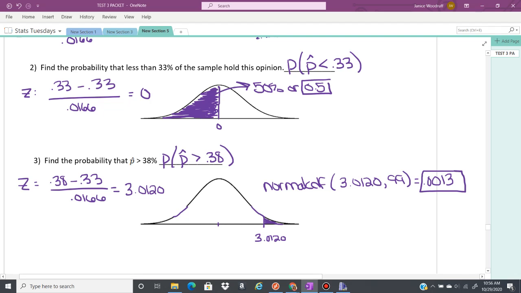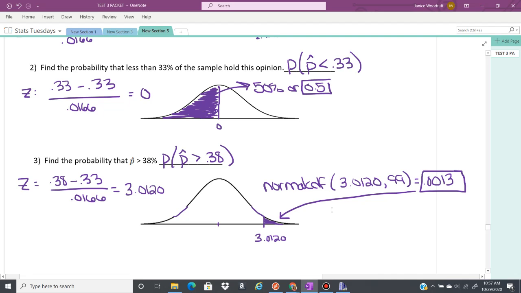All right, so that is this value right here, 0.0013. So the probability that greater than 38% of the 800 people hold this opinion is pretty small.